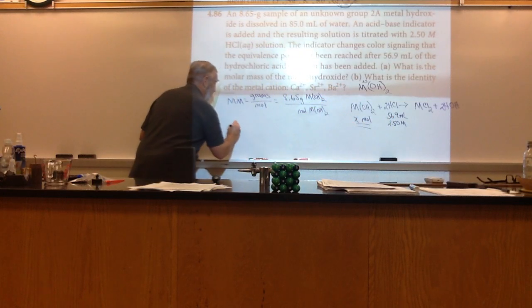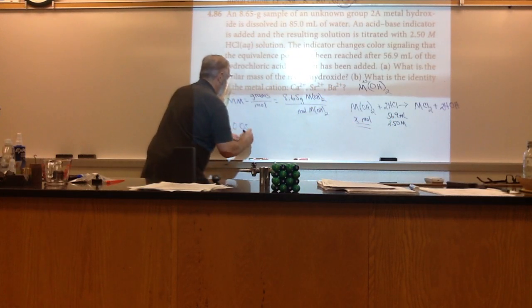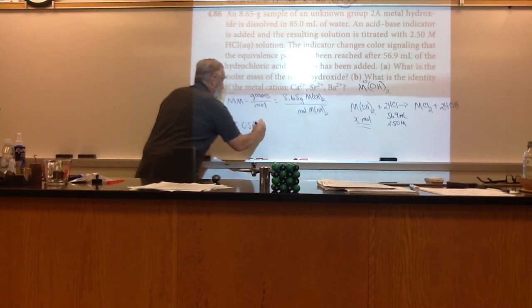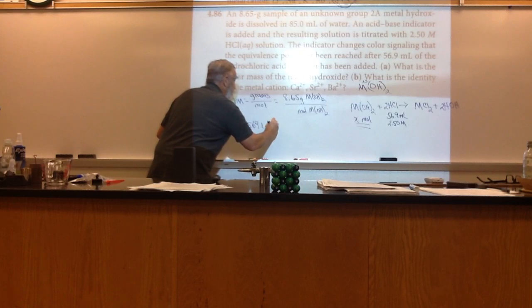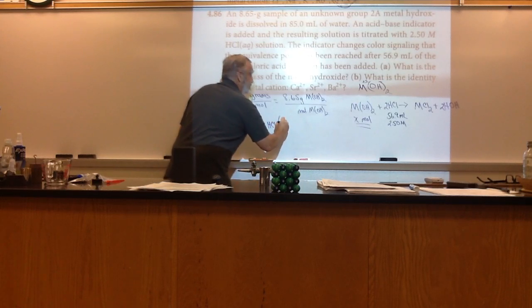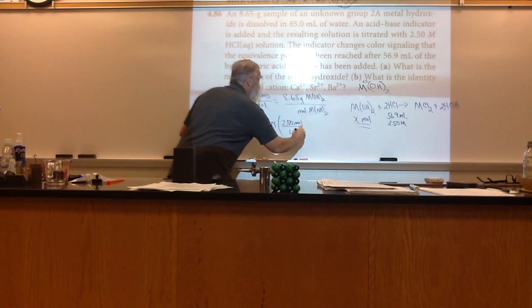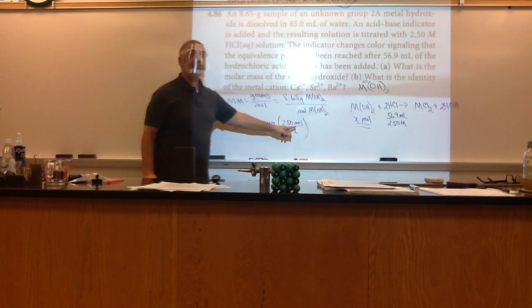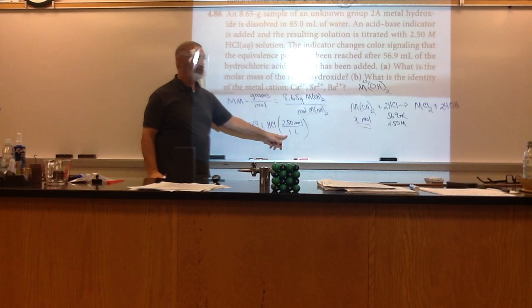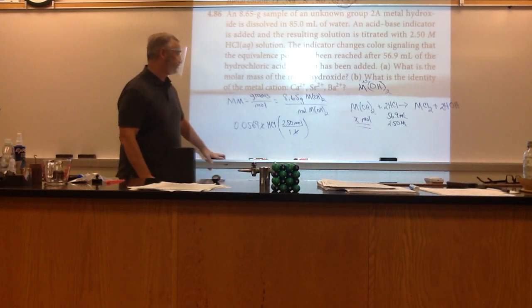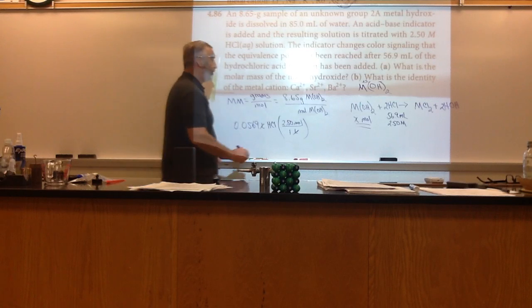So this is going to be 0.0569 liters of HCl times 2.5 moles over 1 liter. So you just need to know that capital M really translates to moles per liter. So that gives me moles of HCl. So what's my mole ratio? 1 over 2.